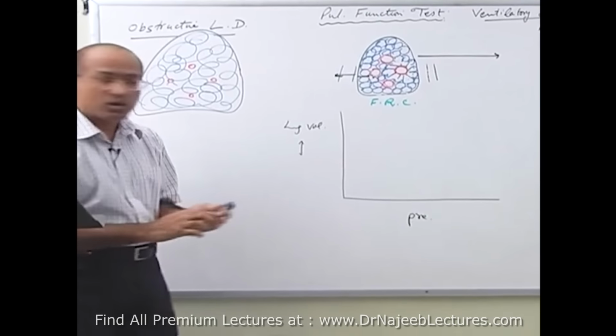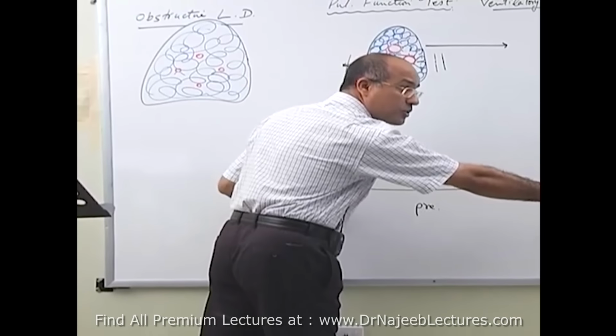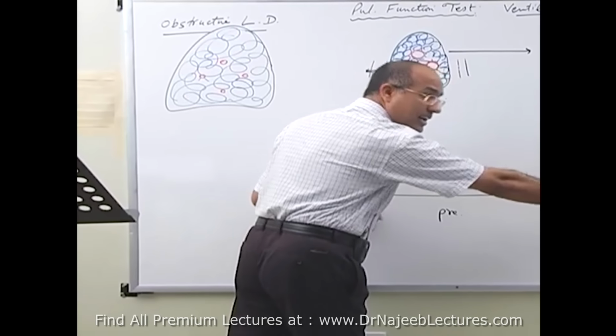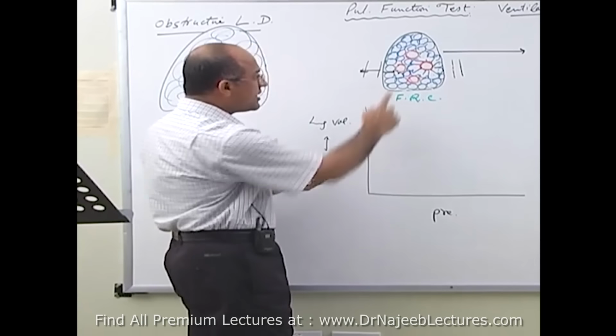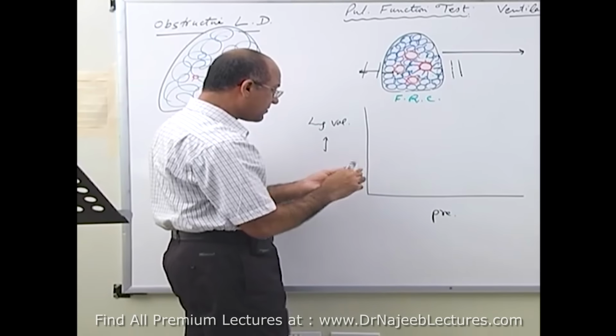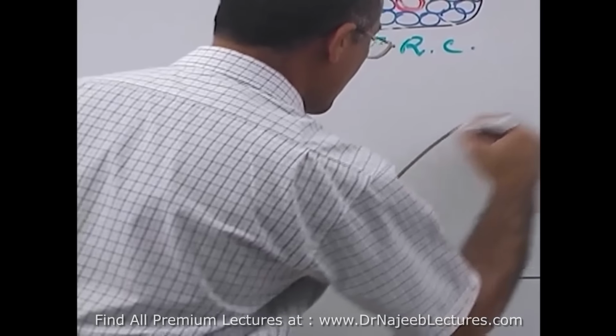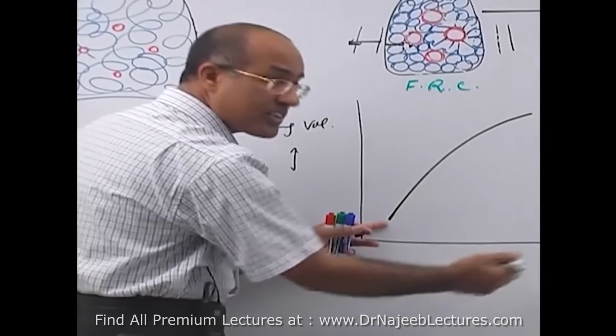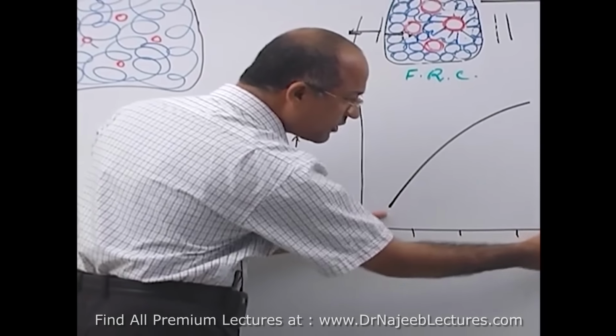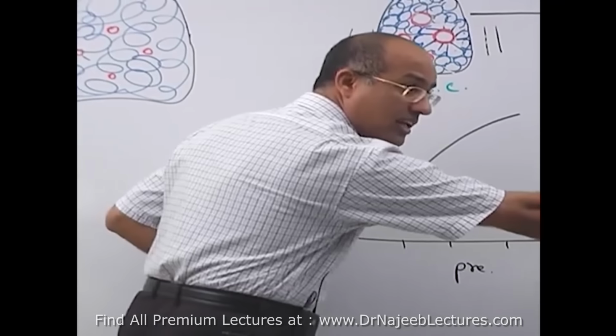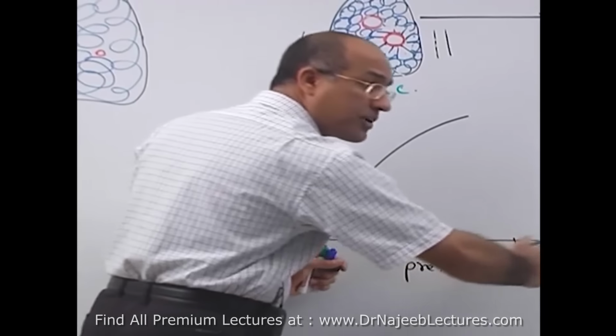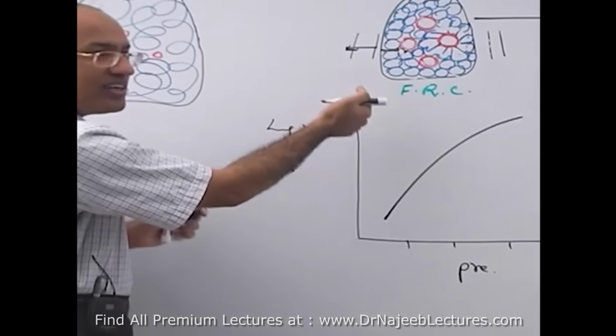Of course, all of you know that when pressure is more, transmural or transpulmonary pressures are more, lungs will keep on expanding. If this is the normal curve, what this is showing, when pressures are increasing from 10, 20, 30, 40 centimeter of water, of course, when intrapleural pressure or transpulmonary pressures are increasing, lung volume is going up.